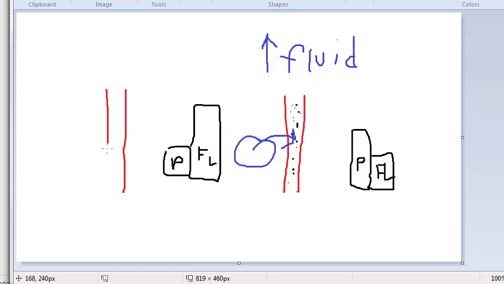So here's a blood vessel, and here's a cell. Okay, so in this case, we have a lower number of particles, and we have a higher volume of fluid. So what happens in this case is some of the fluid from the bloodstream goes into the cell to even both sides out, okay, and that's going to decrease fluid volume a little bit.